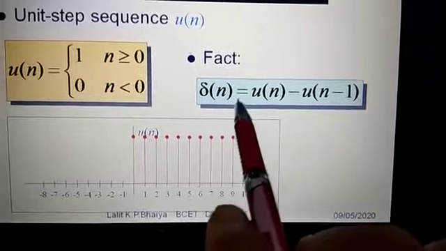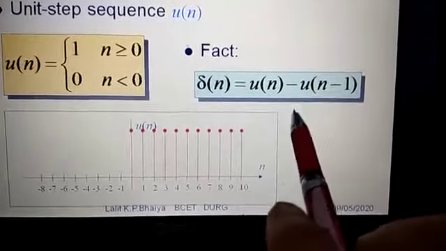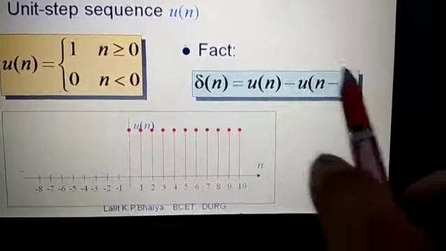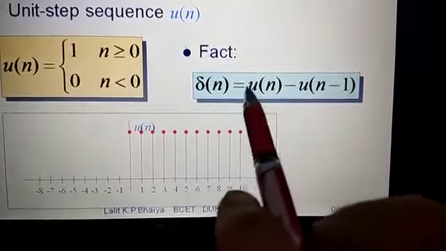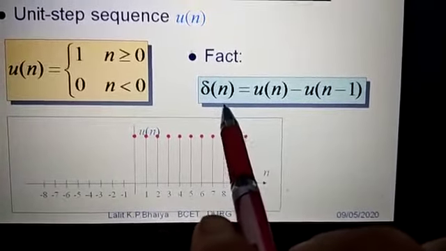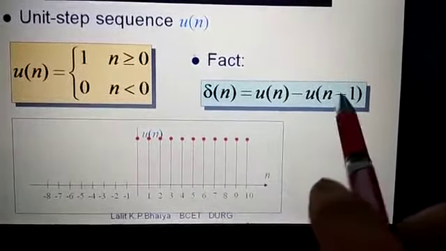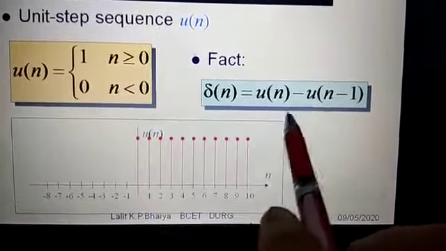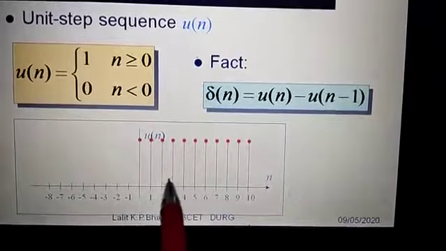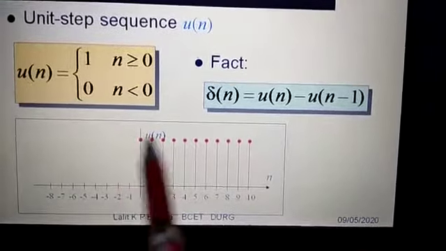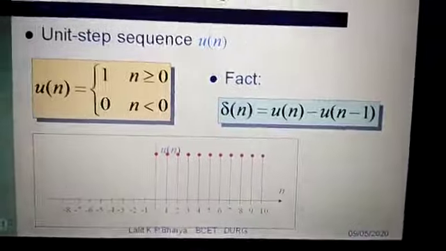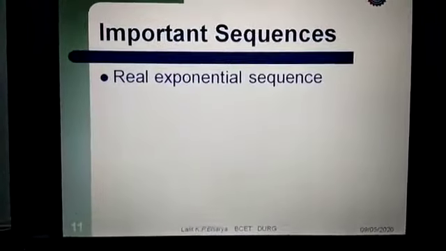So del of n is equal to u of n minus u of n minus 1. You can verify this by putting different values of n from 0 onwards, and you can see del of n is nothing but u of n minus u of n minus 1. You will get only one sample at n equal to 0. So these are the important sequences.